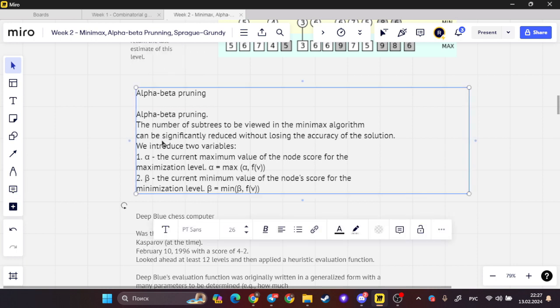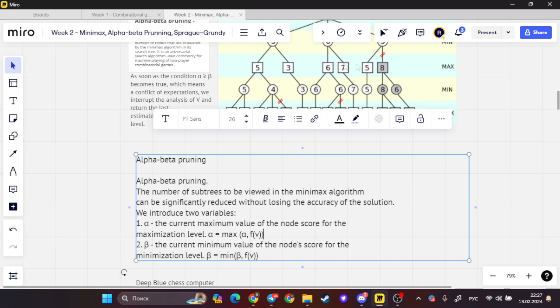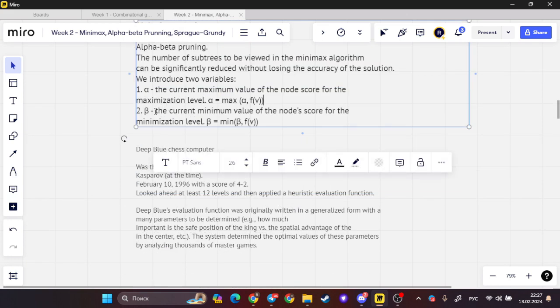Okay, we define alpha as the current maximum value of nodes score for maximization levels, and beta as the current minimum value for the minimization level. The minimization level is the current level, and the maximization level is the previous layer.